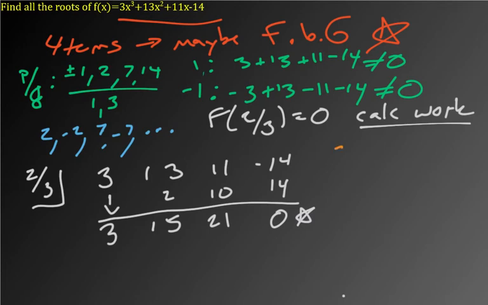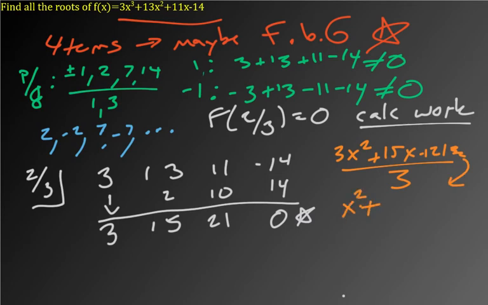So then you just have 3x squared plus 15x plus 21. And actually, all these are divisible by 3, so you might as well do that. So really, you're going to have x squared plus 5x plus 7. So this is the one that I'm going to now solve for my last 2 roots, right?